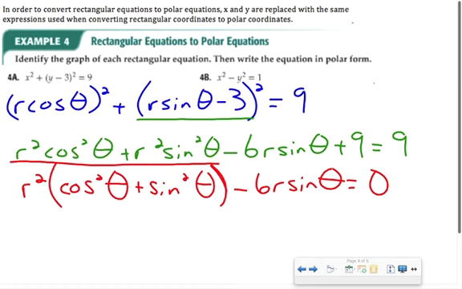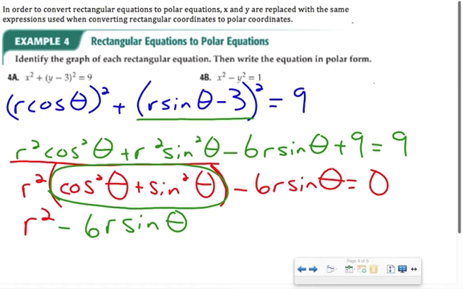From here, I've got r squared times 1. Remember that this expression should be a familiar one. Sine squared plus cosine squared is 1. So r squared minus 6r sine theta equals 0.